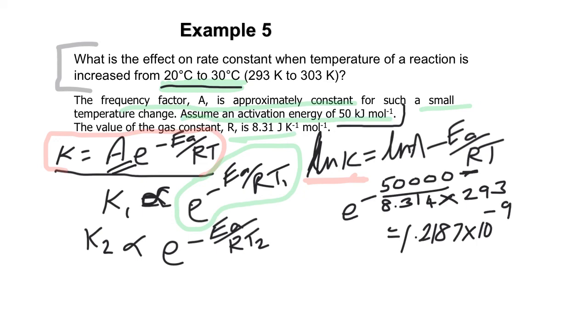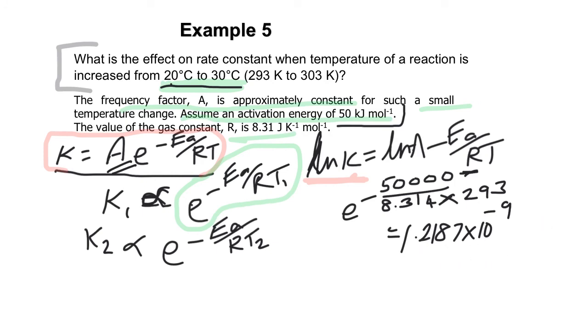And if you do the same calculation using 30 degrees, same activation energy, and using this expression for K2, we are looking at the same exponential factor, because the A is going to be the same. So if anything, rate is going to be proportional to that. Apply these values into this exponential expression in the same way as we did just now.